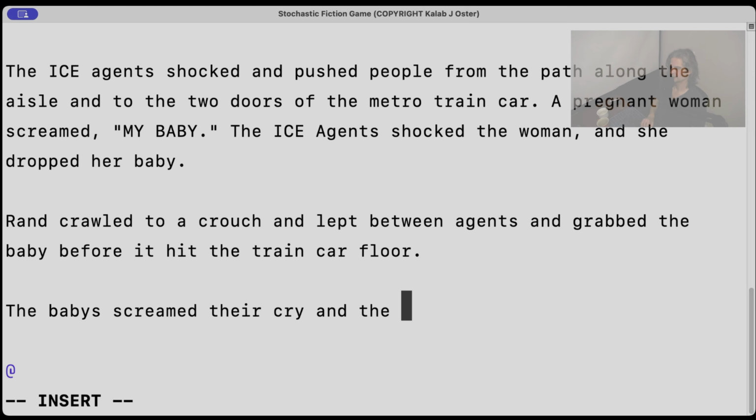Cried, and the mother stepped back and stepped on the hand. Stepped on the shoulder, or nudged. Stepped and nudged Rand's shoulder.